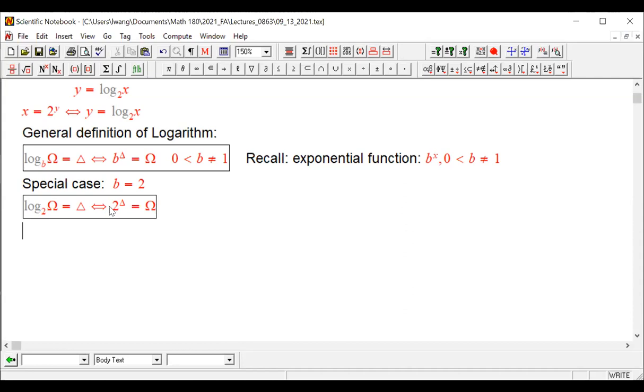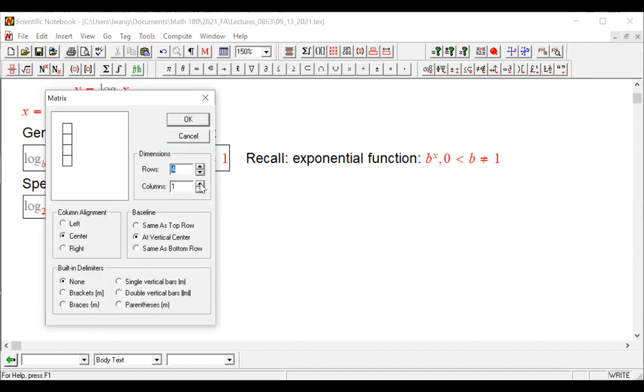We're very familiar with exponential. Do we still remember the exponential table we made for 2 to the power x?